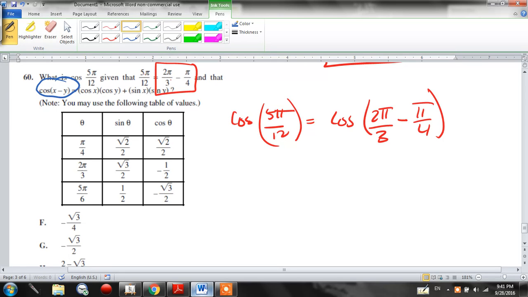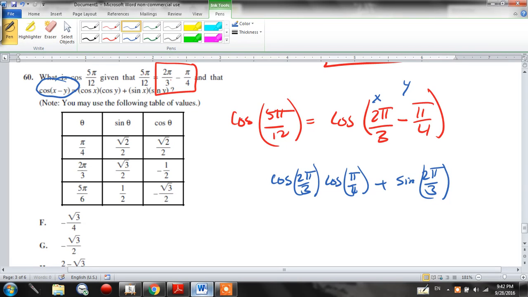In this case, this is going to be x, this is going to be y. So it's going to be cosine of x, which is 2 pi over 3, times cosine of y, which is pi over 4, plus sine of x, which is 2 pi over 3, times sine of y, which is pi over 4, like this. That's how you do it.